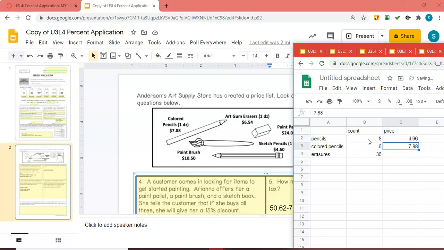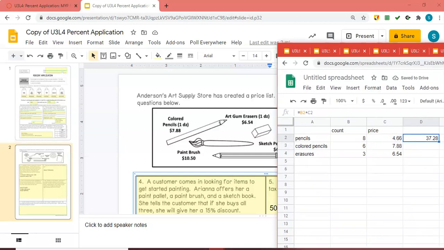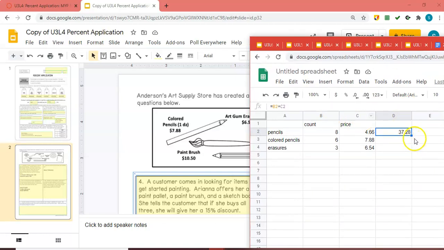And then for the erasers, for 3 dozen, it's going to be $6.54. So we're going to have to multiply how many we bought times the price. Right? So far, we're spending $37 on regular pencils, $47.28 on colored pencils, and then $19.62 on erasers. Let's find our total, and we're just going to add up our numbers.